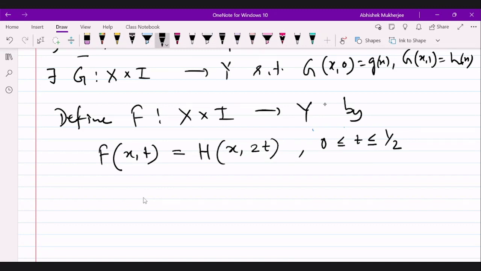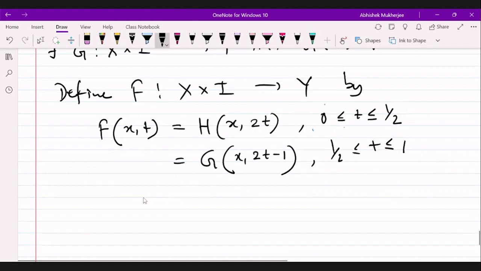So you are taking this map. And after that, you will take the other homotopy, that is from the half level to the 1th level. And by the pasting lemma, you can say that this F should be a continuous map on X cross I to Y, right?